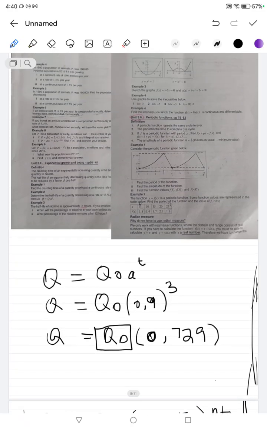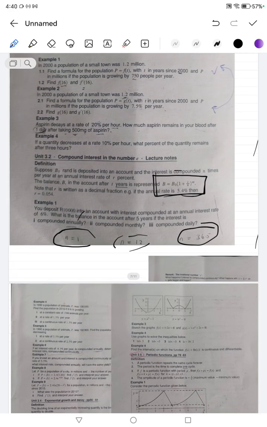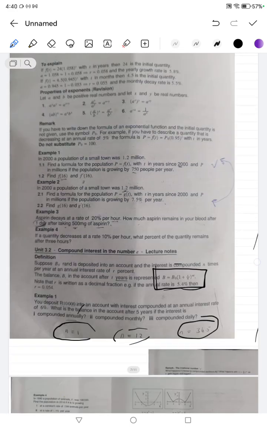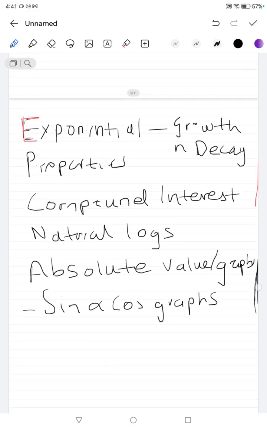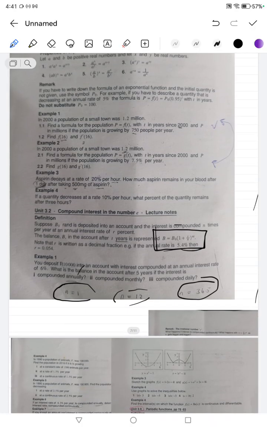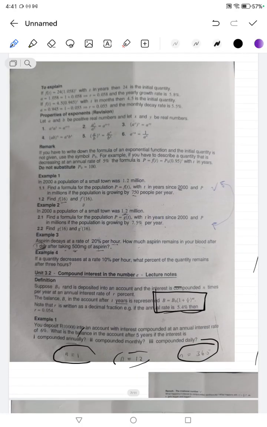Then let's check another example on unit 3. After this one let me just remove it because we're done with it.